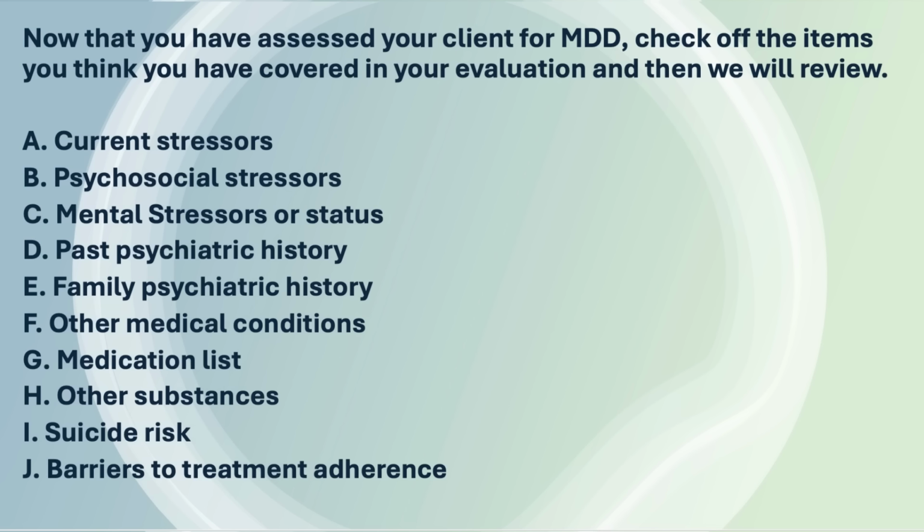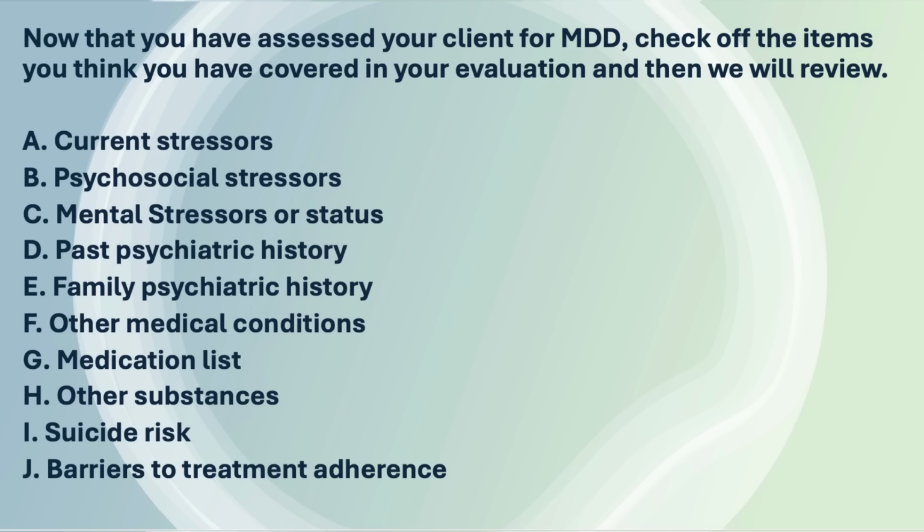All right, let's look at A, current stressors. So did you put down A as one of the ones that we assessed? If you did, you are correct, because we did discuss current stressors indirectly through the client's symptoms and situational context. And then what about B, psychosocial stressors? That was also included as part of assessing his social support and activities.